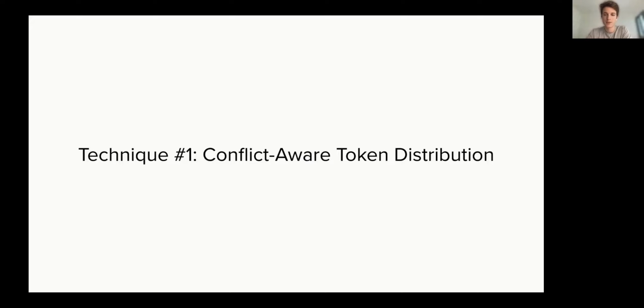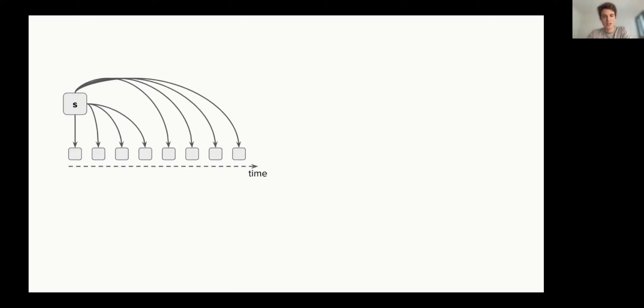So the first technique that we propose for this is called conflict-aware token distribution. As I mentioned, token distributions in the majority of cases happen in a way that we have a single sender account and this sends many transactions to different accounts. Now, all these transactions will conflict because the same sender balance has to be updated for each transaction.